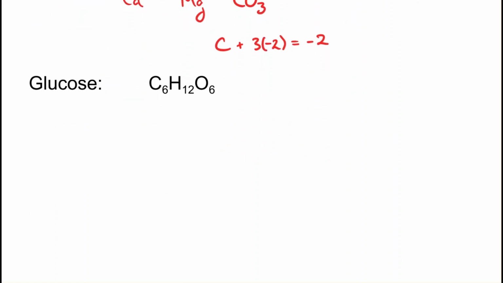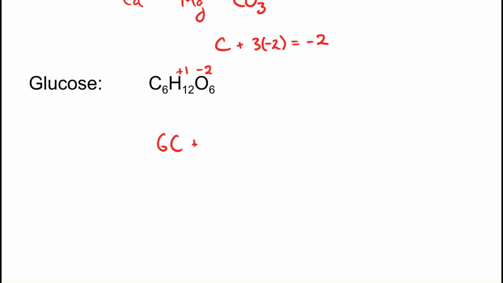Now the next compound, glucose. Let's take a look at it. Is it ionic or is it molecular? Correct. It is not ionic because it doesn't begin with a metal or ammonium. So let's just apply our rules. Oxygen is -2, hydrogen is +1, and there are 6 carbons.